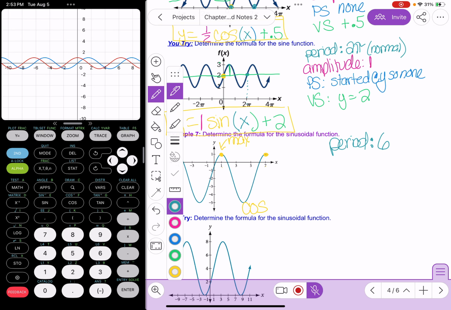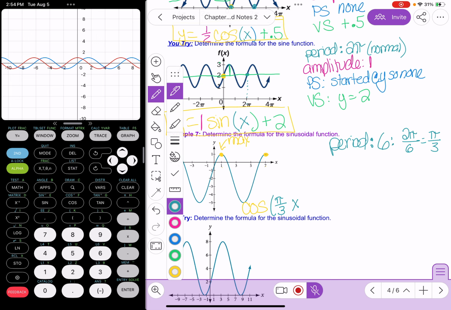So we have to do the same thing to go back. So we're going to do 2 pi divided by 6. And then 2 over 6 reduces to 1 over 3. So we're going to do pi over 3 right here in front of the x. Pi over 3x.